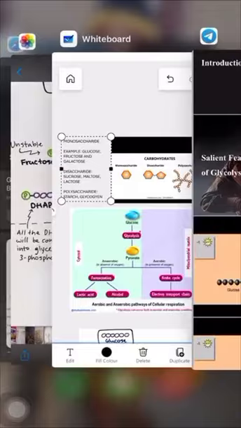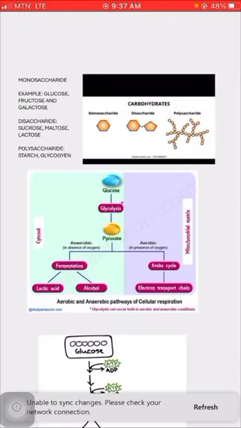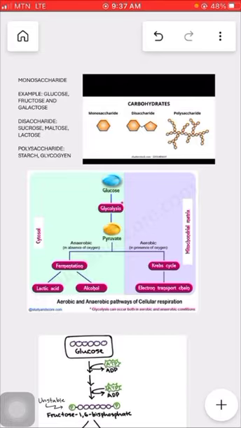So let's look at something here. You can see that in the presence of oxygen, the glucose is being converted to pyruvate. And this pyruvate in the presence of oxygen will be converted to acetyl-CoA and enter into the Krebs cycle, where more energy is being produced.